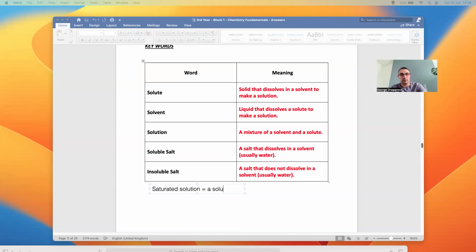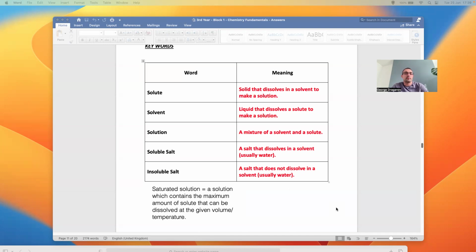So it is a solution which contains the maximum amount of solute that can be dissolved at the given volume and temperature. Because when you change the amount of volume, the amount of solvent, you can actually dissolve more. And if you heat something up, it can actually dissolve more.